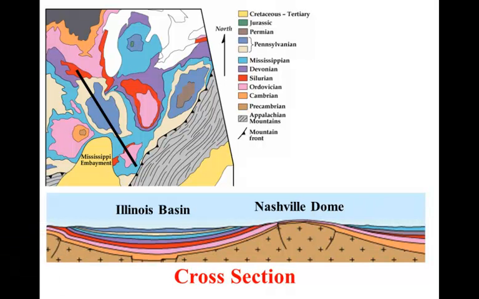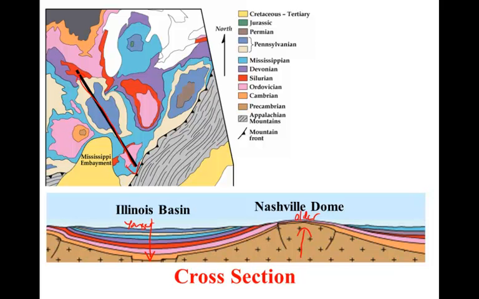This figure shows a cross-section, a vertical slice through this part of the central U.S., revealing the Nashville Dome, an area of uplift, exposing progressively older rock, and the Illinois Basin, an area of subsidence, allowing progressively younger rock to accumulate or be formed in the center of that structure.